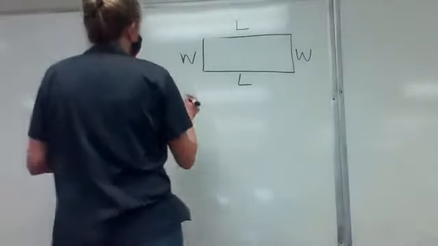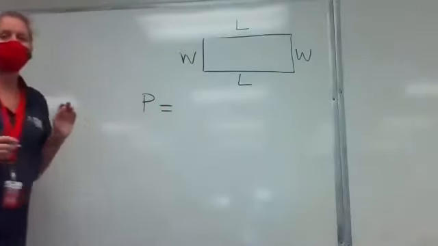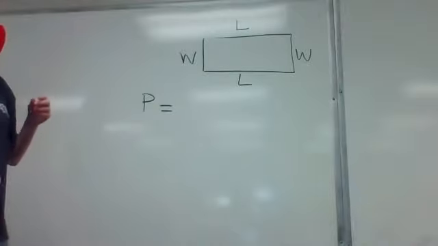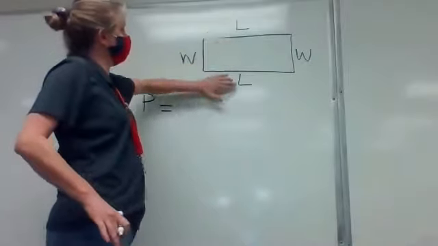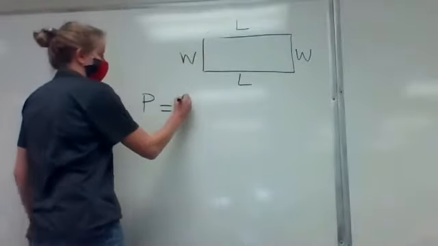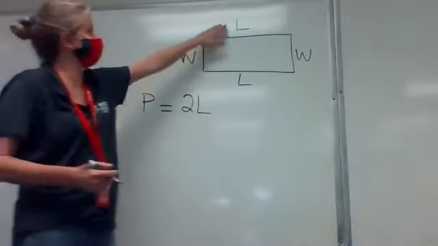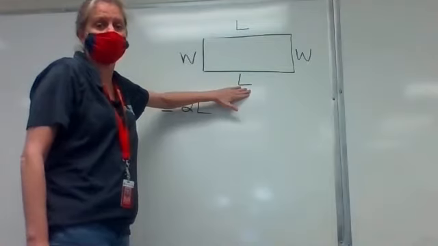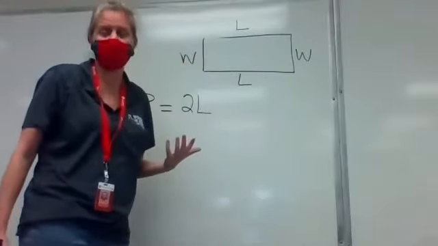Another way I can write this formula is that the perimeter is equal to, you could either add all the sides together, or you could say, you know what? This length and this length are the same. So I can actually call that 2 times whatever the length is, because if this side is 5, this side is also 5, or 2 times one of the L's, 2 times 5 is 10.